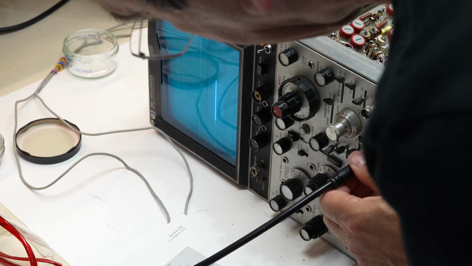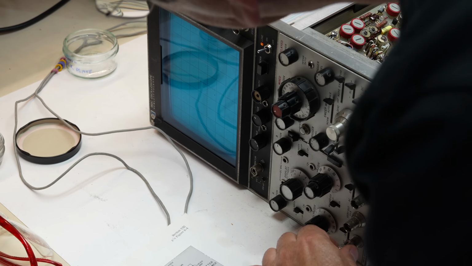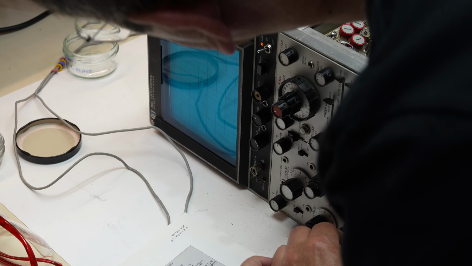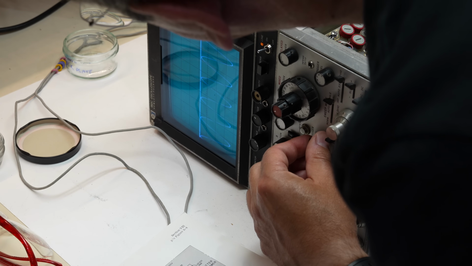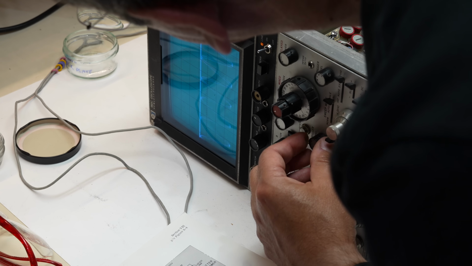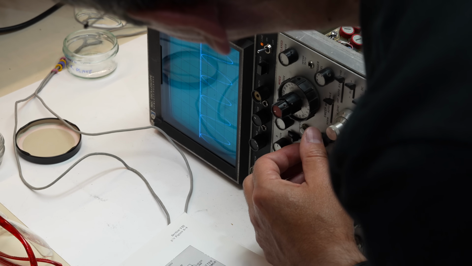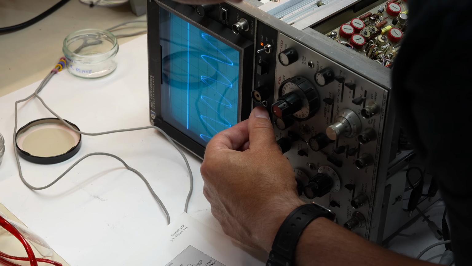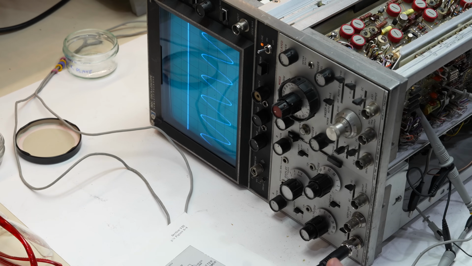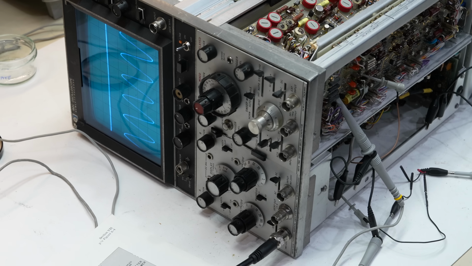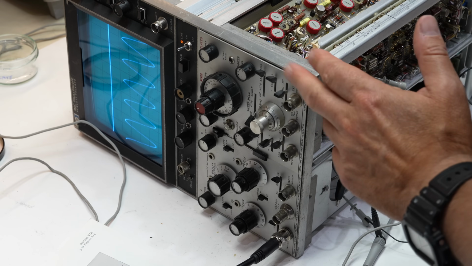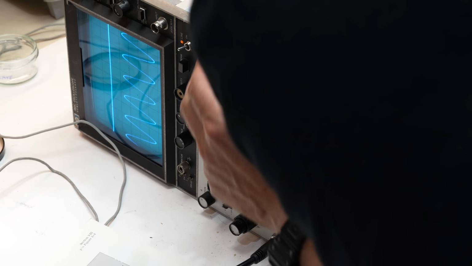Can we trigger? You bet. Can we vary the trigger position? We can. It's a little scratchy, but I have my probes on it, so that's probably causing a little bit of trouble. Now the next thing I have to check is the delayed time base.